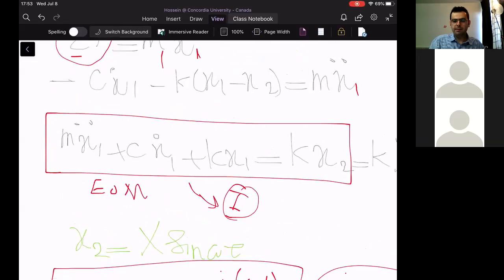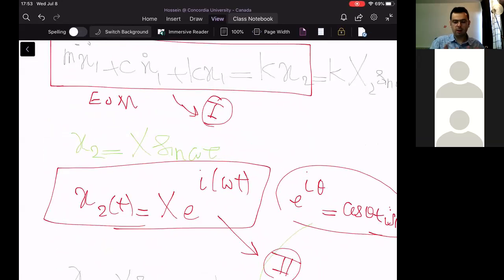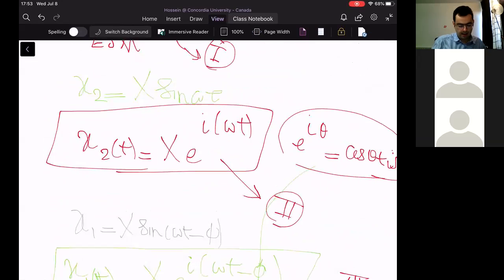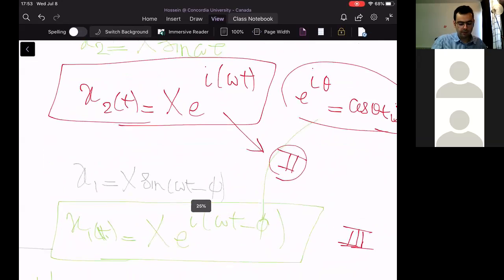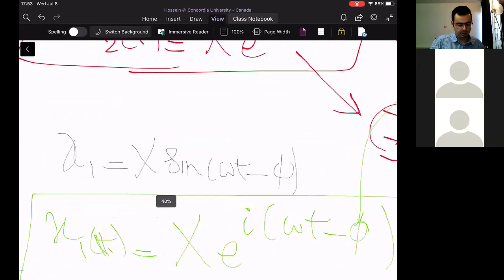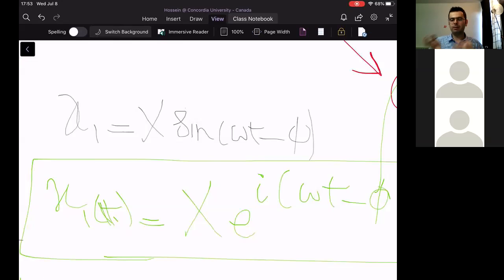For the sake of simplicity, complex algebra allows us to solve the equation of motion easily. Rather than considering x2 as X sine of omega t, we could consider x2 as X e to the i omega t, right? The steady-state response of the forced vibration is x1 equals X sine of omega t minus phi. Phi is the phase lag between input and output when and only when we have damping in our system.